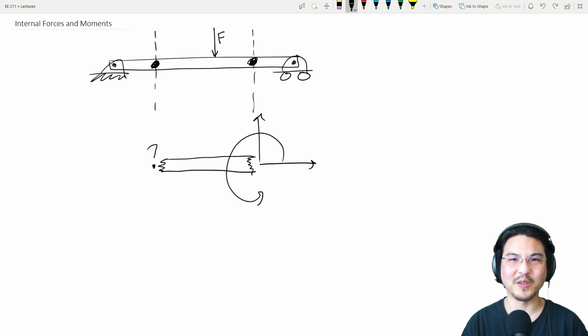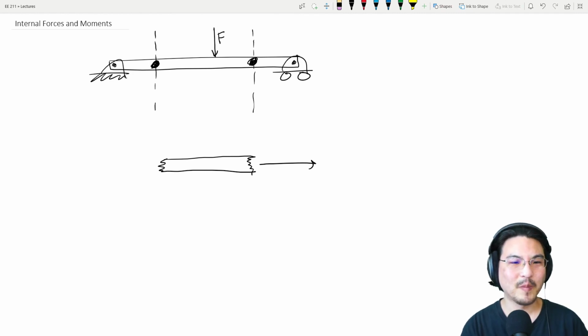Nature doesn't care. For example, what should we call the charge of an electron? Nature doesn't care if we call it positive or negative. But as a society, maybe we decide, all right, let's call it negative. Similarly, if we exist in a society of engineers analyzing structures, maybe we should all be on the same page.